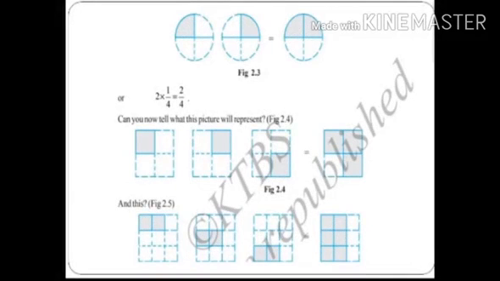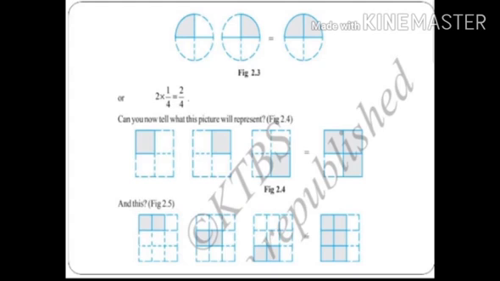Looking at the figures, children. Here there is figure 2.3 which is in the textbook. I have shaded one part of the circle and the second figure shows the second part of the circle. When you add these both, it becomes 2 by 4.